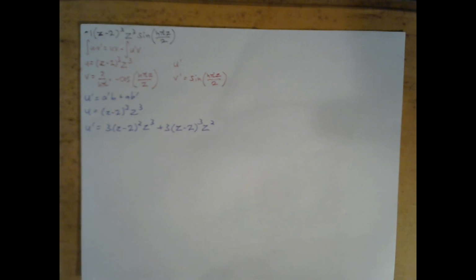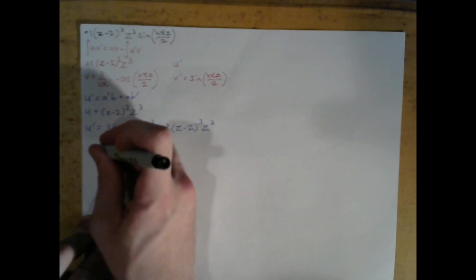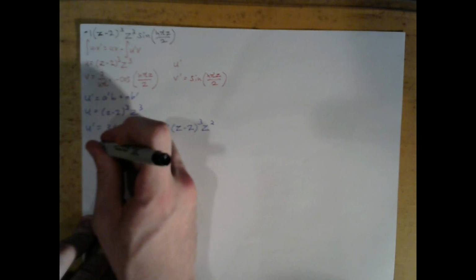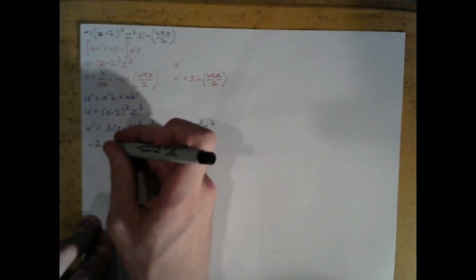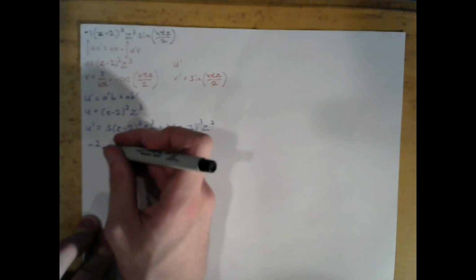So now that we have this, we're going to reform our entire integral here. So we are going to end up getting negative 2, and this is from the cosine, so it's this 2 here and the negative on the front.